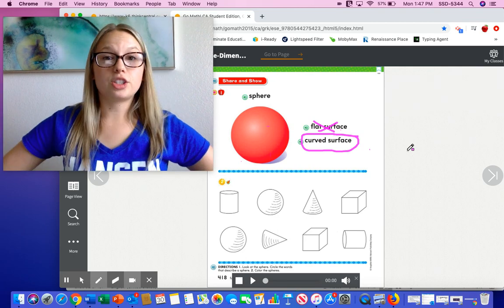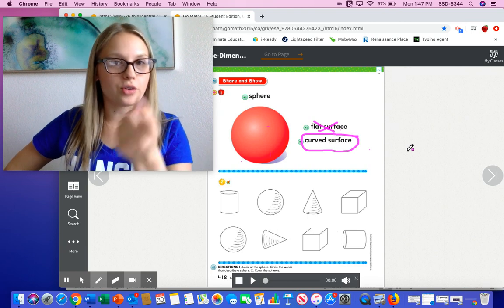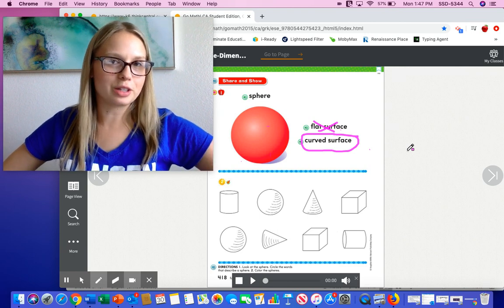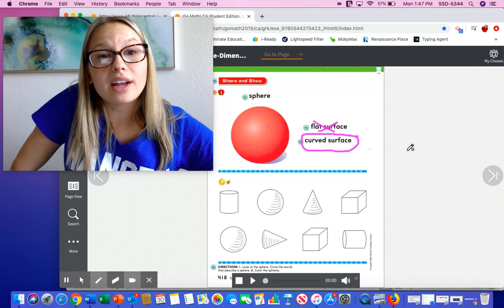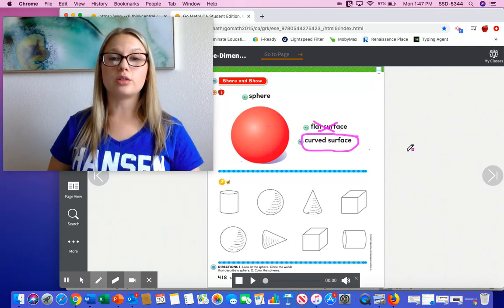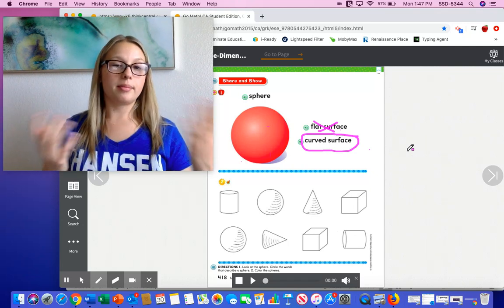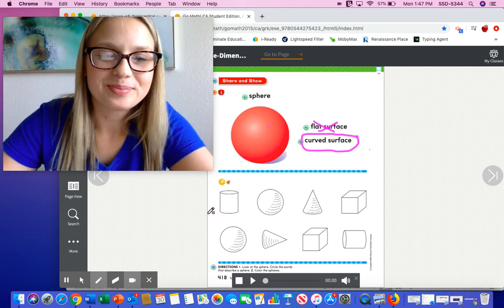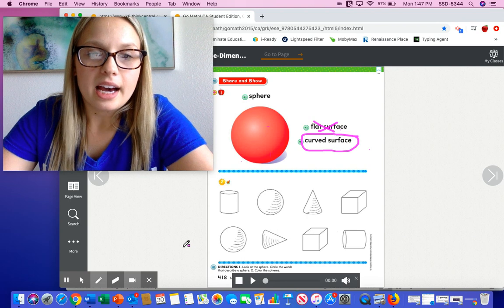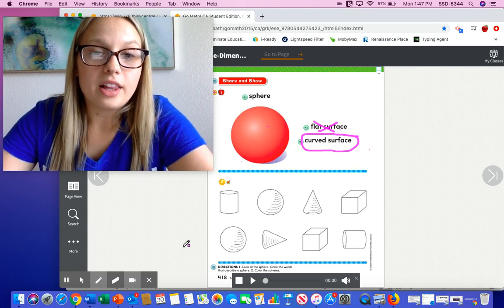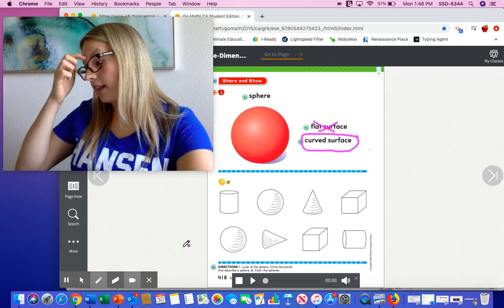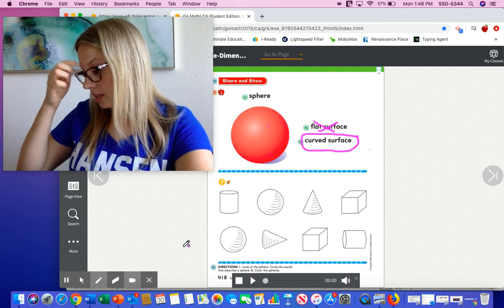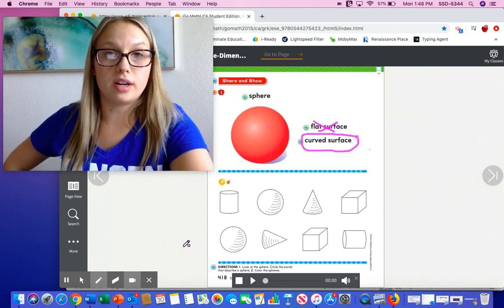Okay, next you can take your pencil, or if you have a crayon, sorry, I should have looked at this. If you have a crayon, you could go get a crayon, but if you want to use your pencil, you can too. I'm going to use my little colored pointer because that's all I have. And it says on yellow sun number 2, find yellow sun number 2. Color the spheres.